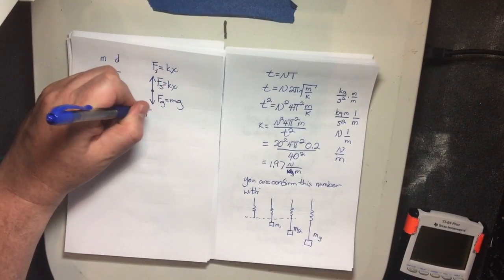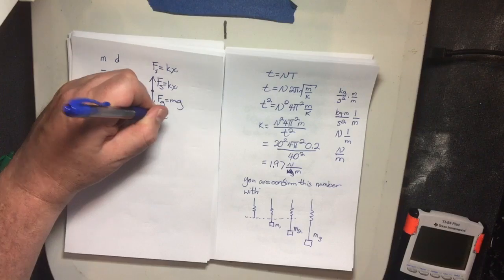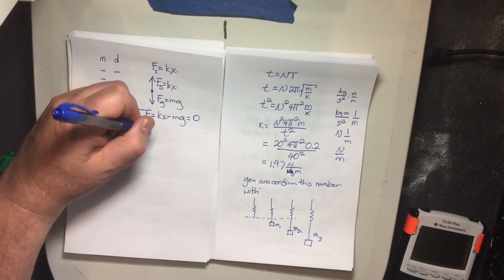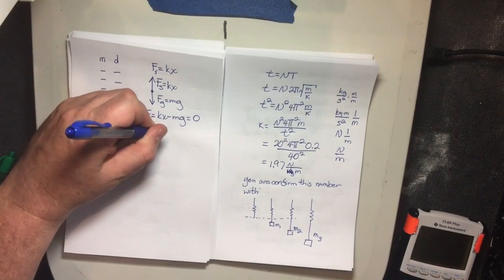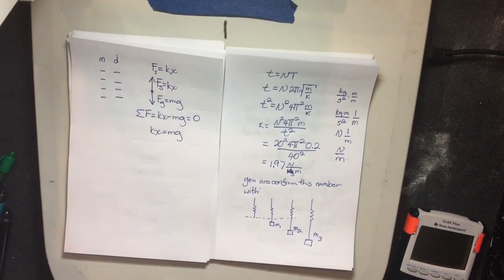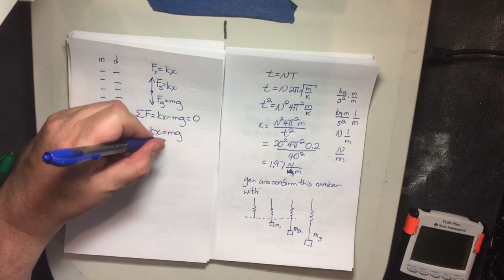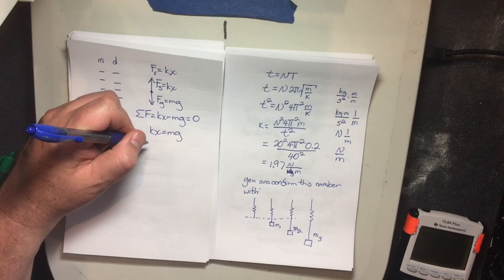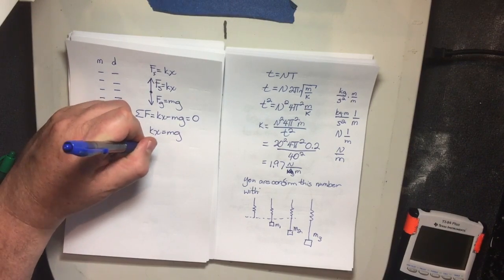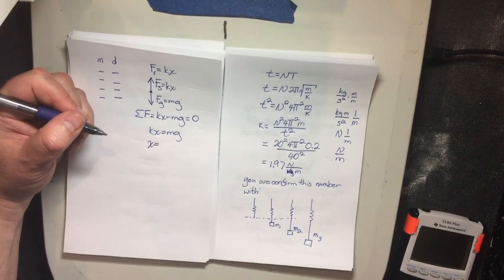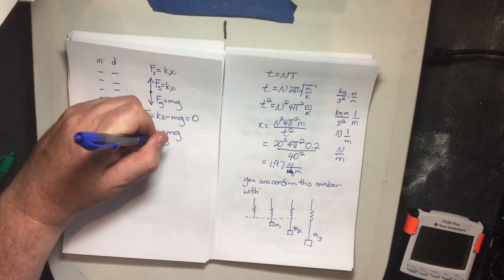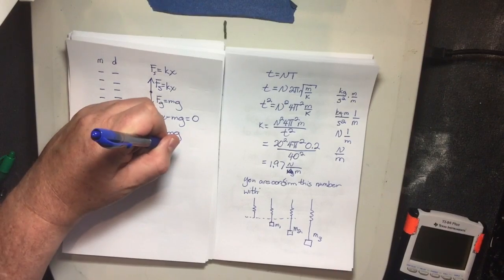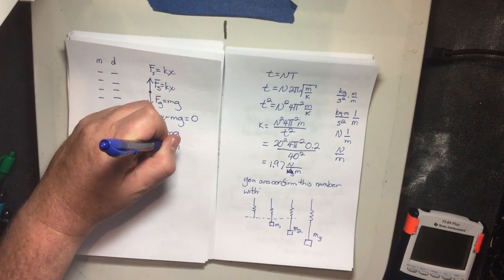So the sum of the forces is Kx minus mg, which is equal to 0, or Kx is equal to mg. Or x is equal to g over k times m.